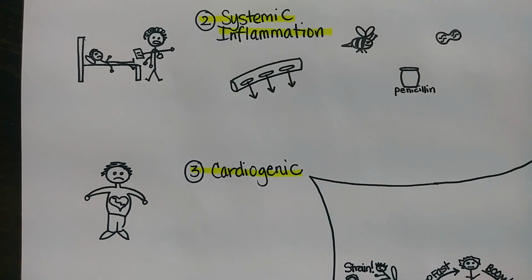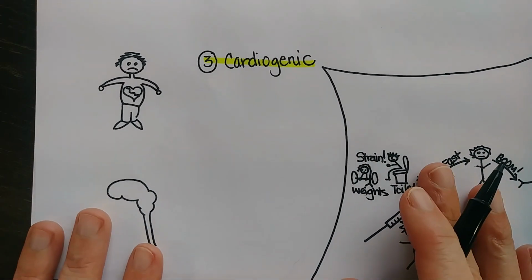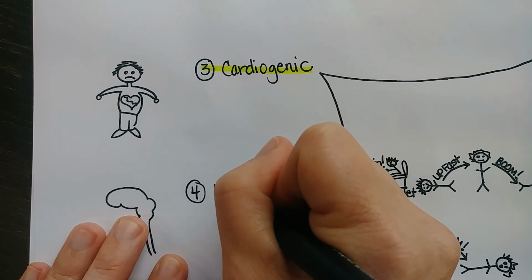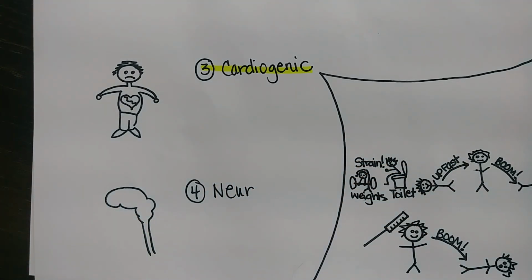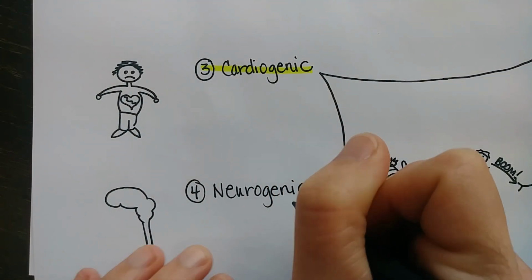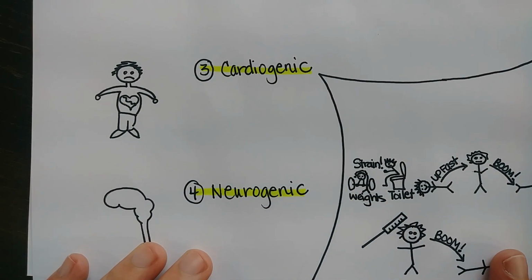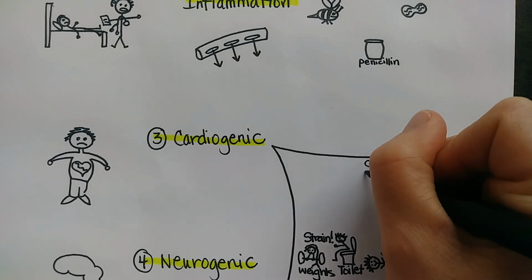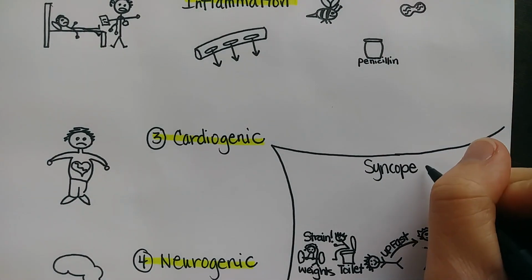And then a fourth reason that someone could have a rapid drop in blood pressure would be what we call neurogenic causes. And this is typically going to be if they had trauma to their brain or spinal cord. And then at the end of the video, we will briefly talk about something called syncope, which is fainting. That's a fancy word for fainting.